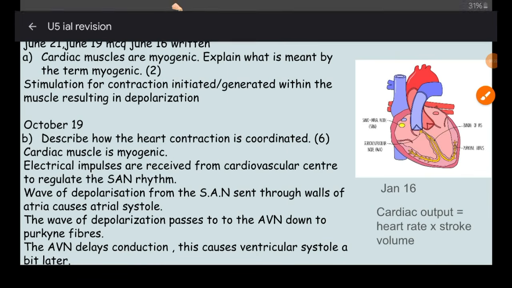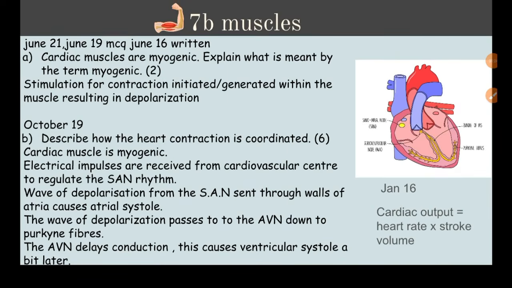A question here from October 19 for 6 marks. It asks us to describe how the heart contraction is coordinated. So first we have to mention the fact that the cardiac muscle is myogenic and the stimulation for contraction is generated in the muscle. And electrical impulses are received from the cardiovascular center not to cause the actual heartbeat but to regulate the SAN rhythm.